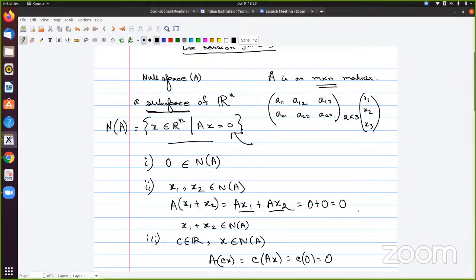Sir, would you be discussing the linear transformations? Yeah, I will. In week 5, linear transformation has only just started, and only the definition is given. So in week 6, we have to discuss it in a little more detail. Sir, we are not able to understand the starting part of linear transformation.